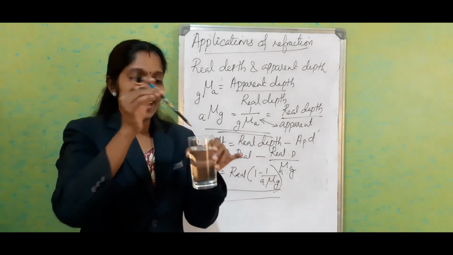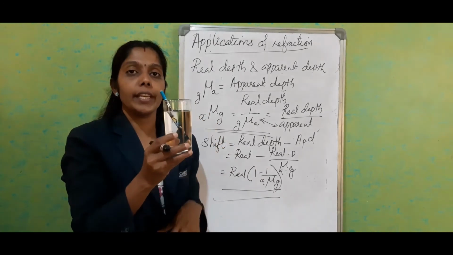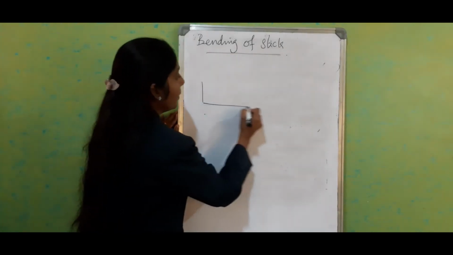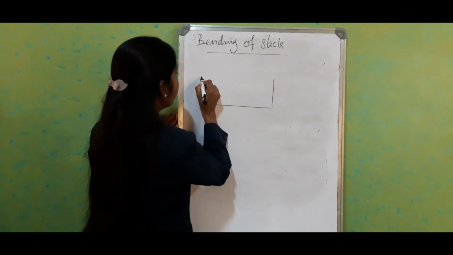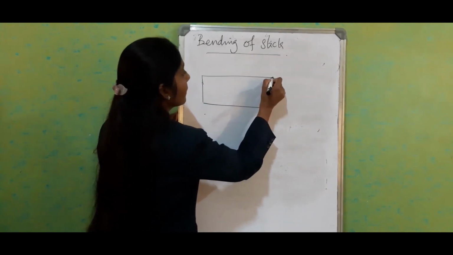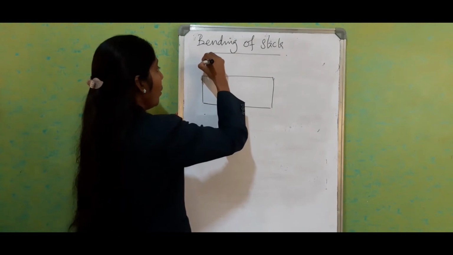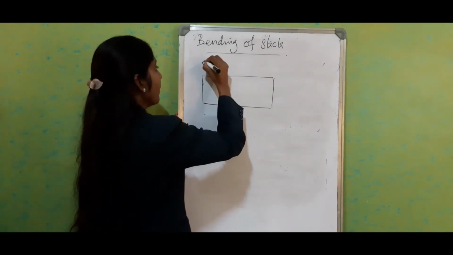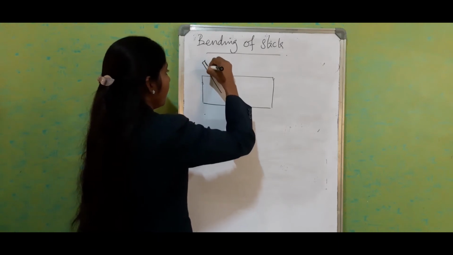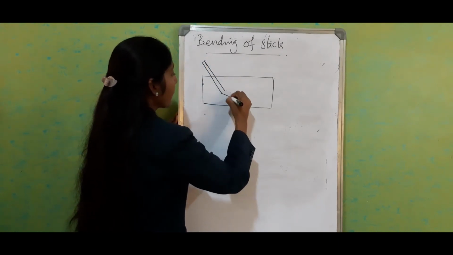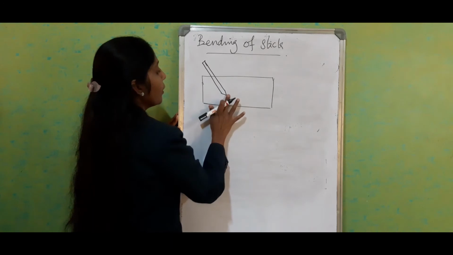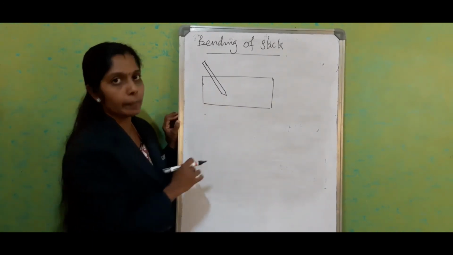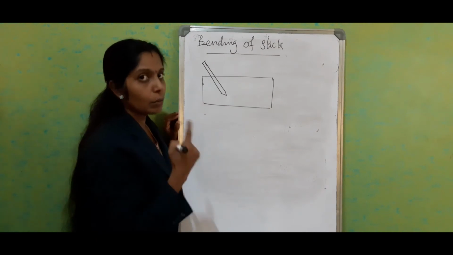Now let us see how we can show this variation through a figure. Here we have a tumbler with water, and this is the original position of the stick or pencil. We are going to consider the ray which comes out from the tip, so we need two rays.